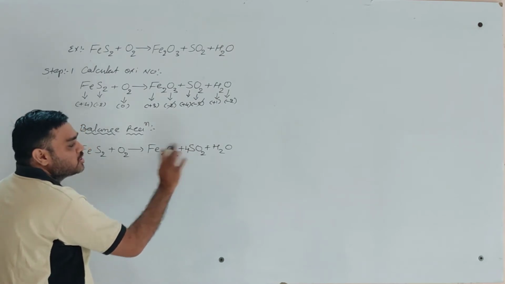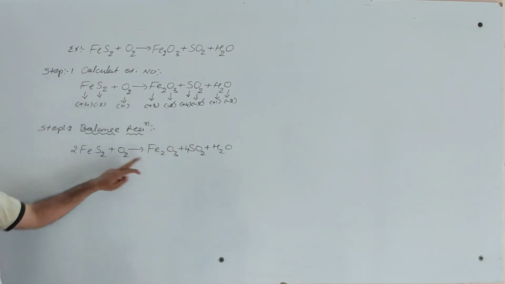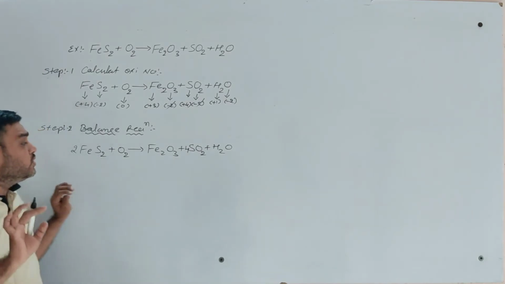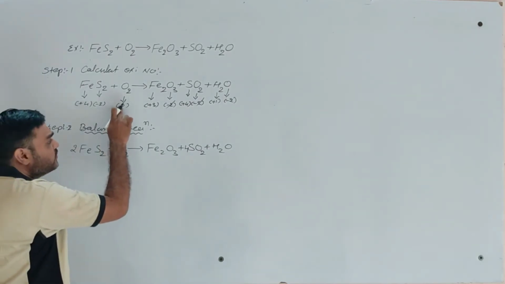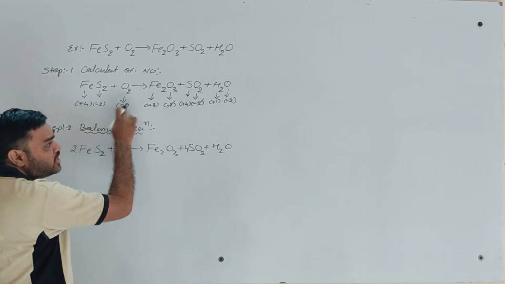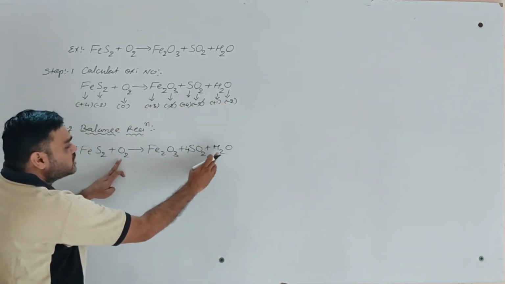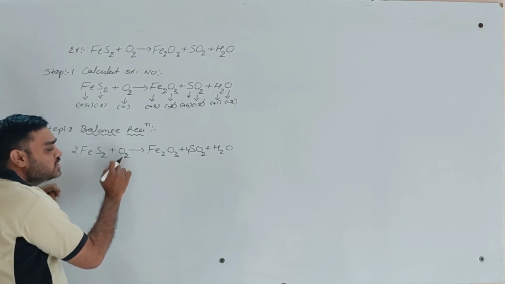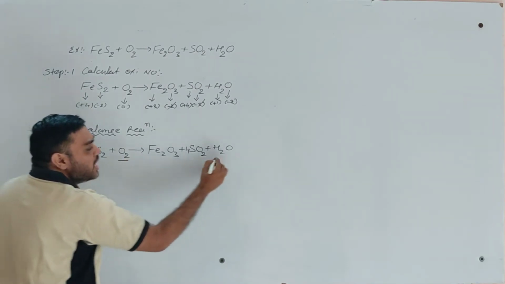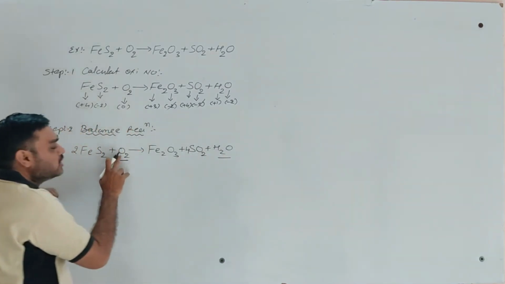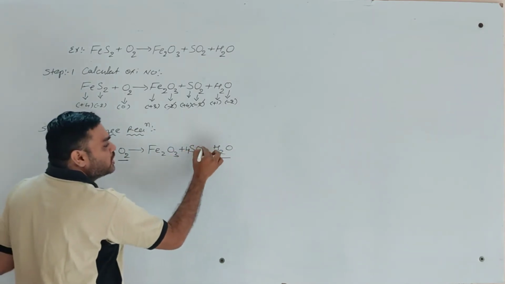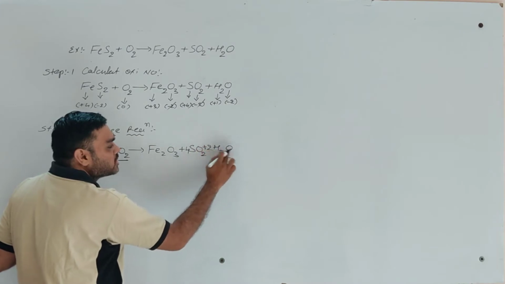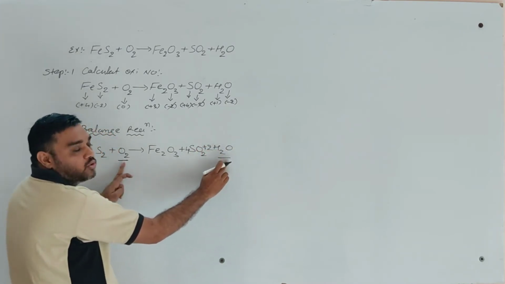So sulfur also balanced. Now the total number of oxygen doesn't count on both sides. You can say that this oxygen with 0 oxidation state changes to -2 in these two components. So you can make a balance of oxygen in O2 as well as H2O. Here 2 oxygen, so put here 2 to make it balance for the particular oxygen in this component only.